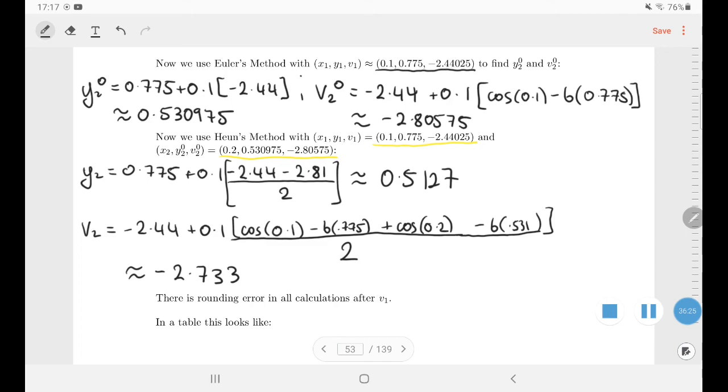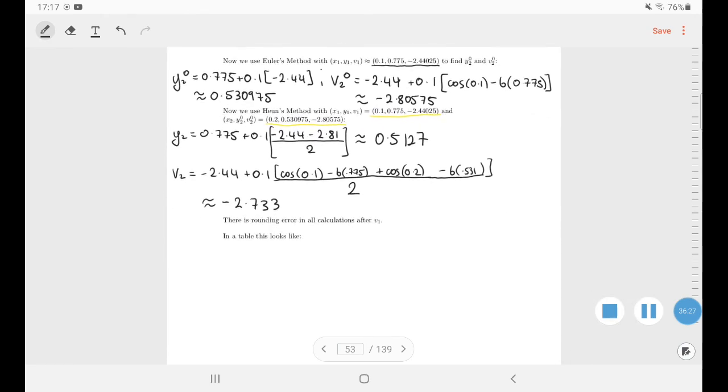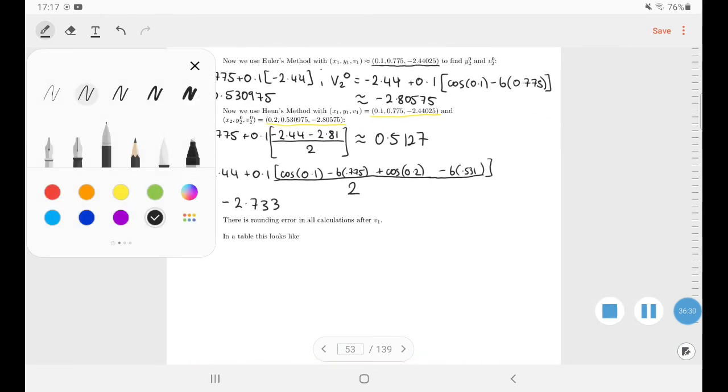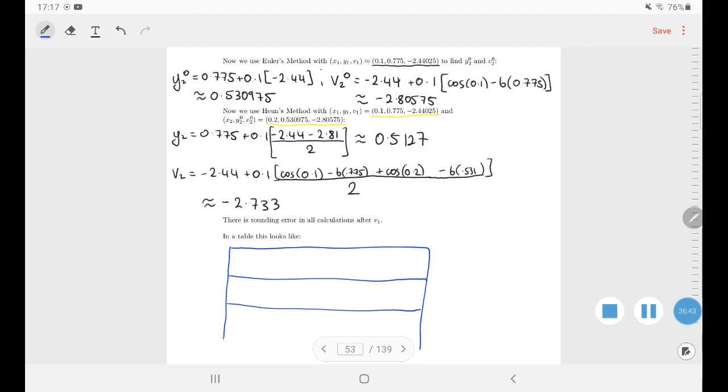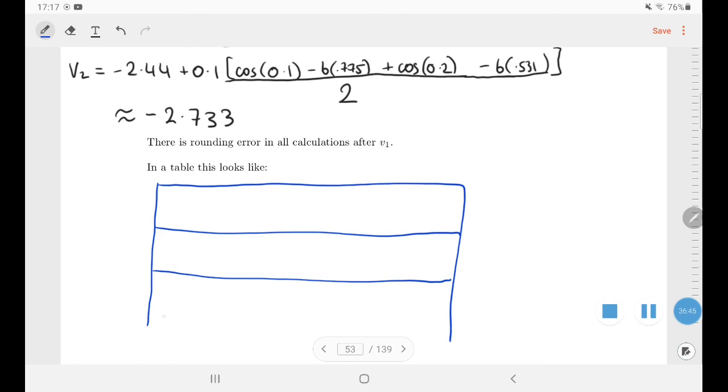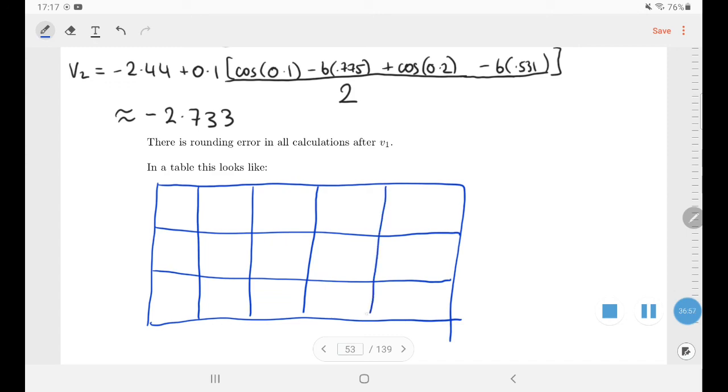Okay. Now there's loads of rounding errors here. Let's put this in the table just so we can understand what happened globally. I won't put in the, or maybe I will put in the predictors as well. So we have x, y, v, and the two predictors can go on here.